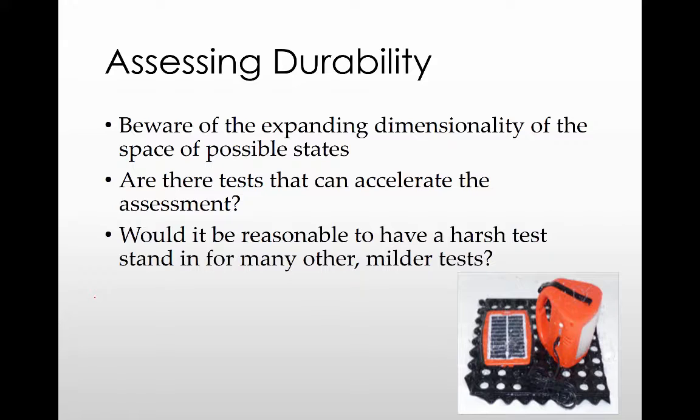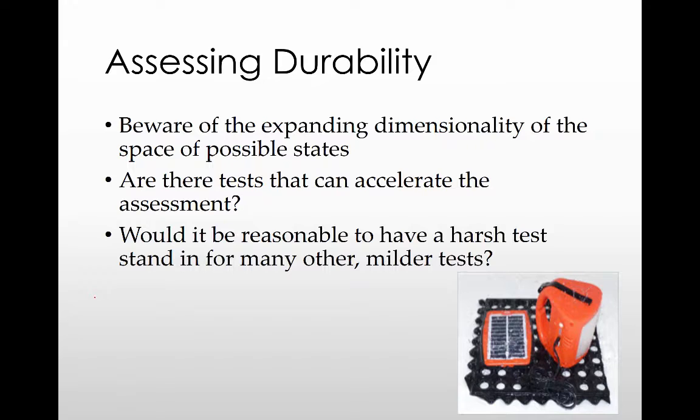The rain that a solar lantern might experience can vary greatly in terms of the droplet size, in terms of the velocity, in terms of the orientation of the different components, whether a cable is plugged in or not, whether a button is on or off, whether the button is actively being pressed or not. So if I begin to enumerate all these possible states, we may find that it's just too complicated to cover completely. So we want to ask the question of whether there's something we can do to accelerate the process.